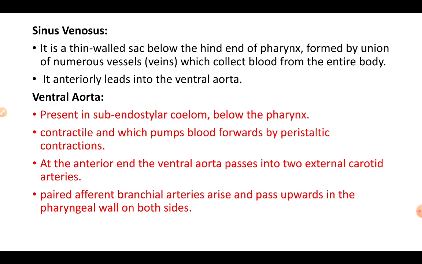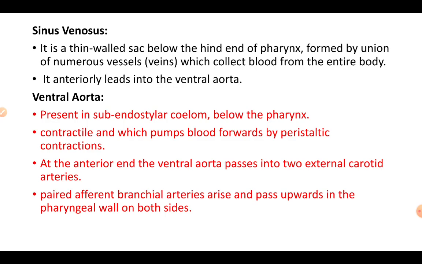Now let us learn the structures one by one. The main structure of the circulatory system in Amphioxus is the sinus venosus. This sinus venosus is a very small thin-walled sac present just below the posterior end of the pharynx, or the midgut diverticulum.